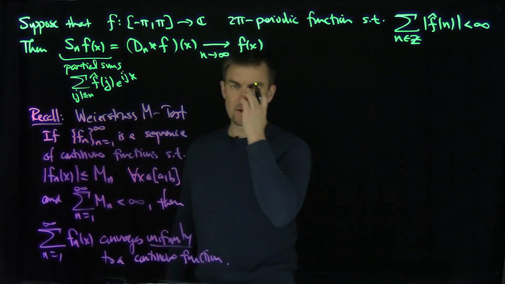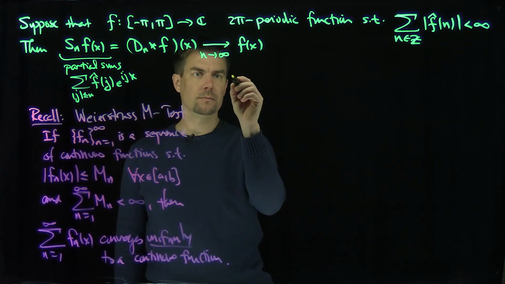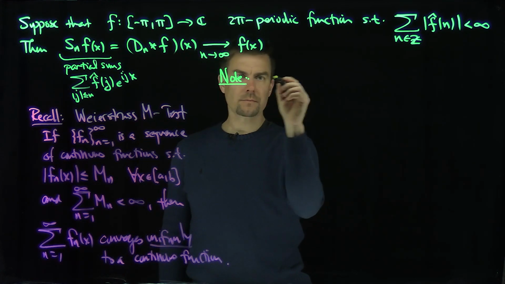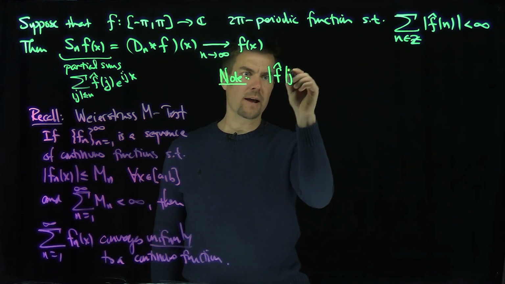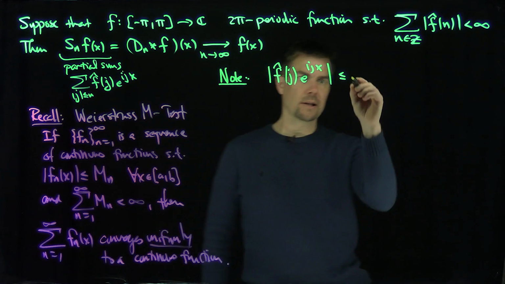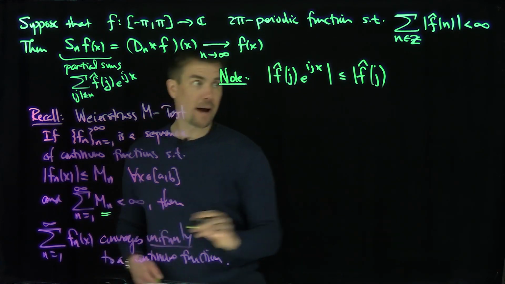So here's the proof of this theorem. So note that |f hat of j e^{ijx}| is clearly less than or equal to |f hat of j|, right? And so these are my M_n, or my M_j in this case.